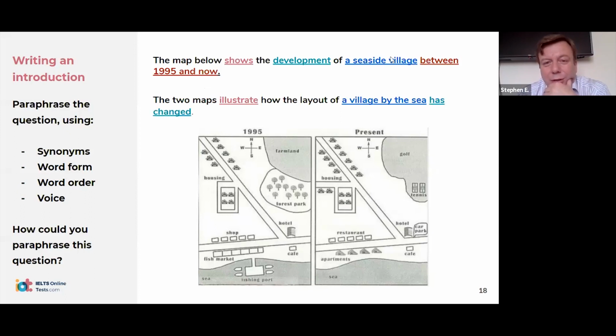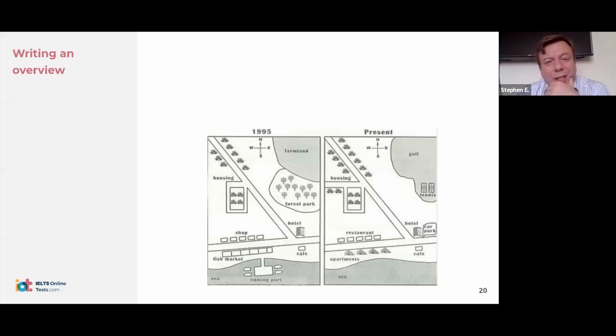And then changed from 1995 to the present day. Yeah, since, so there, Huda just use from or between there. Since brings something from the past into the present. Okay, so good. So remember, even though you've got a map, you still have to write an overview.